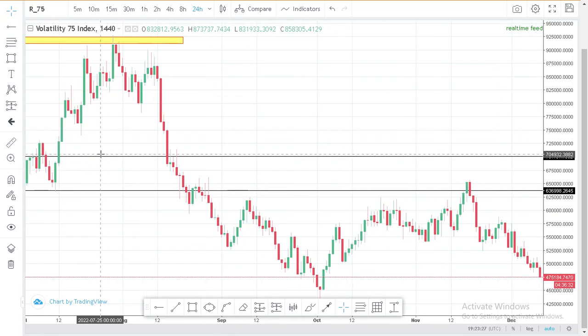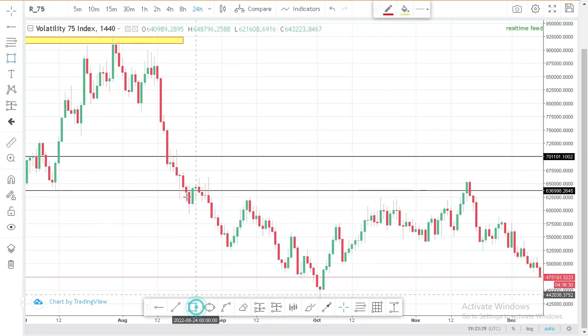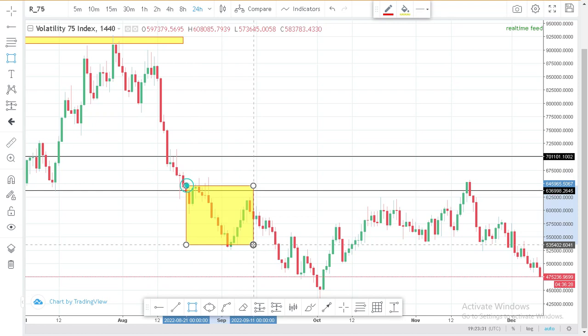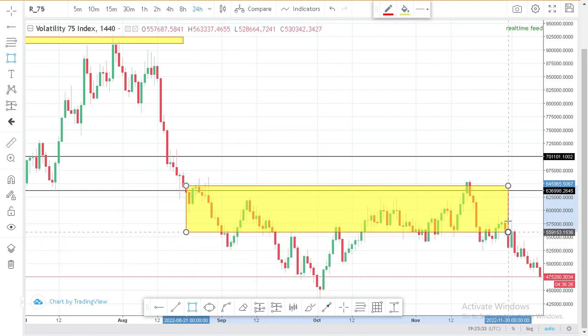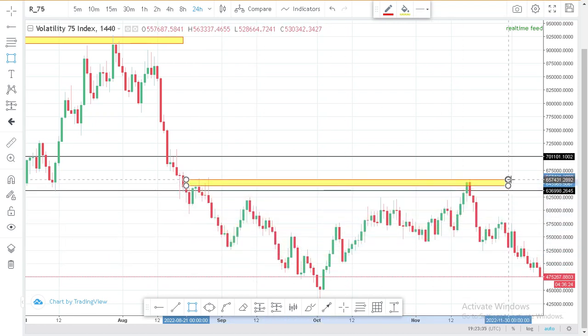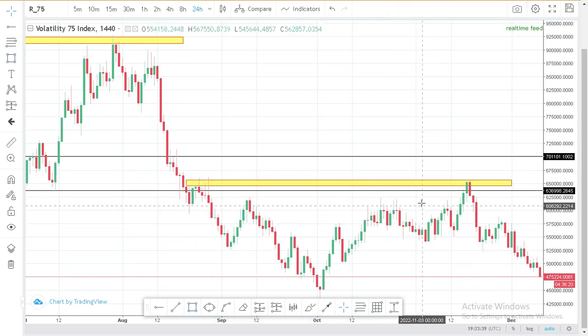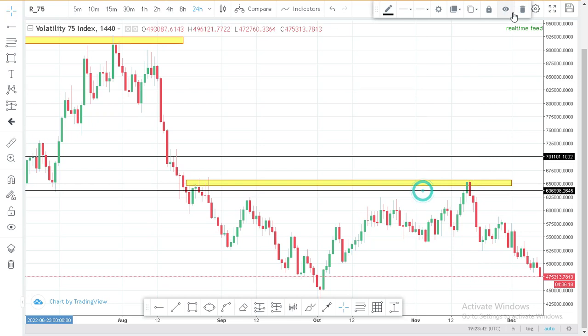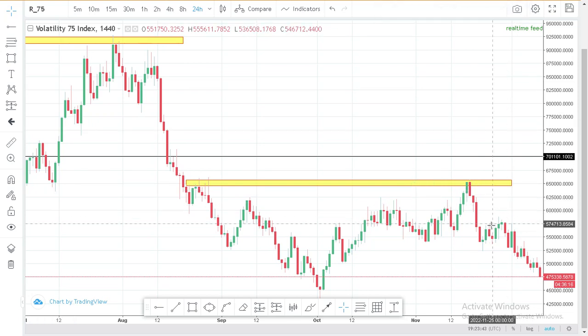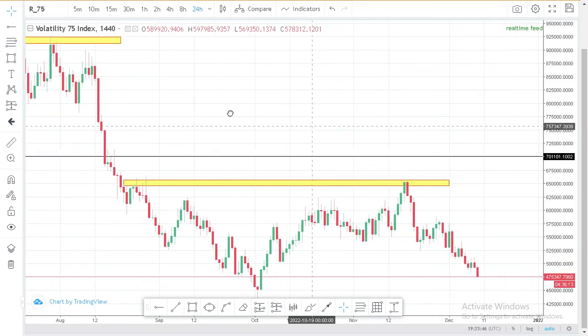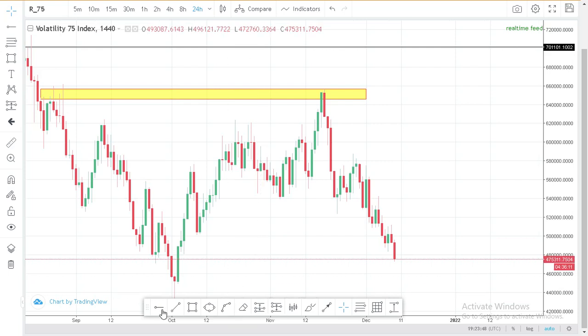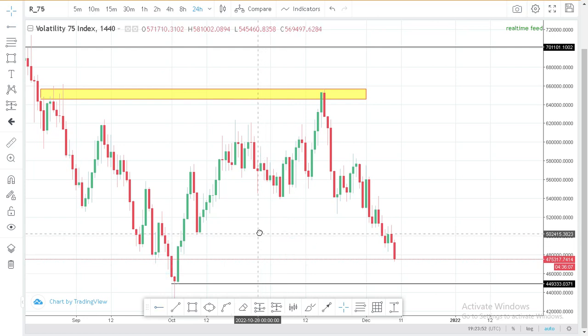So what we have here again, we have a new resistance level which has also been respected. So let me go ahead and remove this. Now we're in the current structure. So this is the current structure. Then we have our support there.